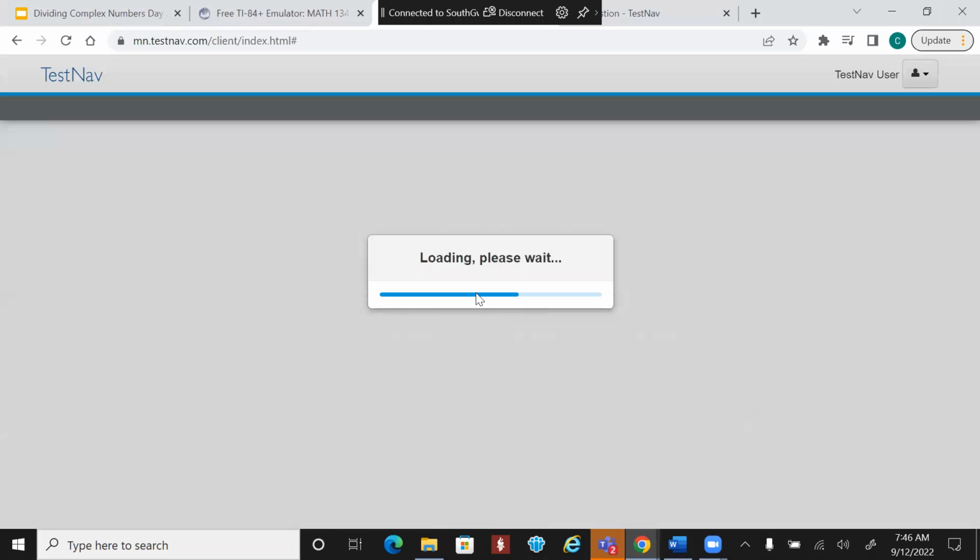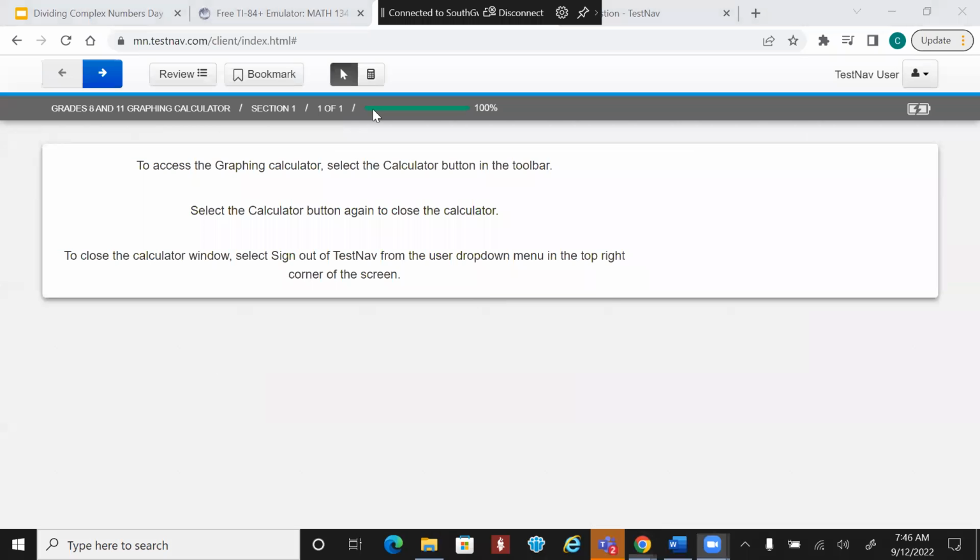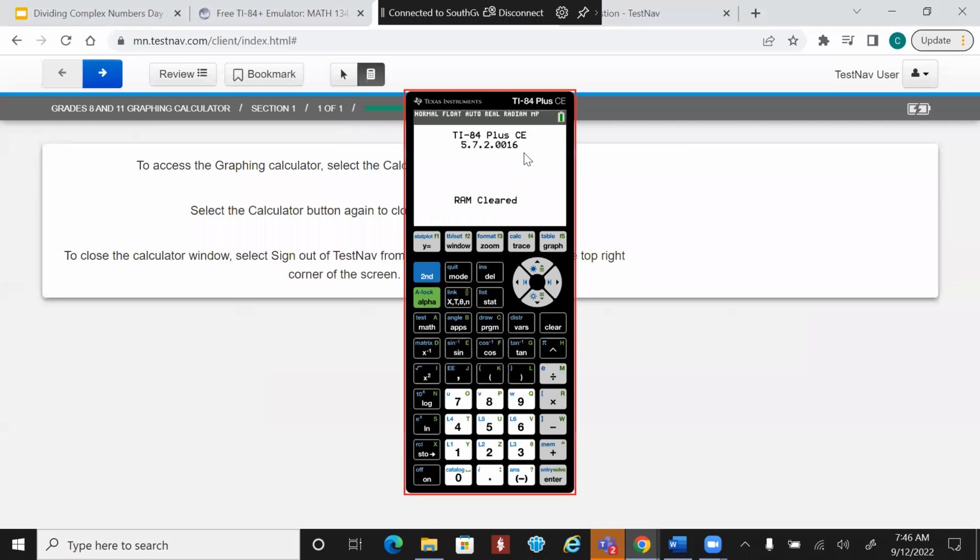Okay, so when you go in here, if you use your parentheses, if I go to mode and I hit a plus bi, down here I'm going to hit a plus bi, and I use my parentheses and I say 3 plus 2i, where the i is hitting second and then the decimal, over 2 plus 2i.